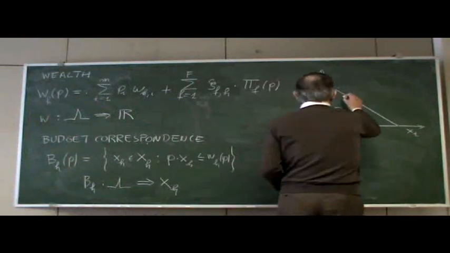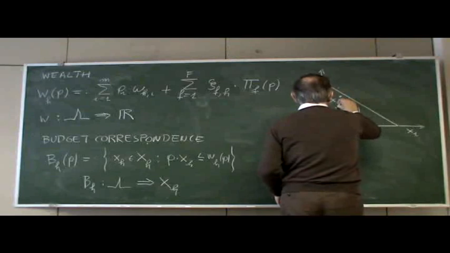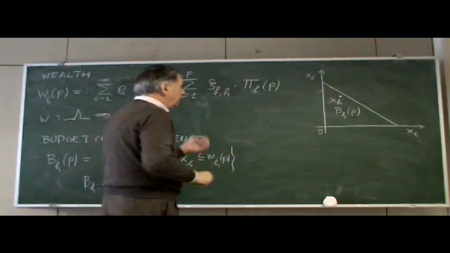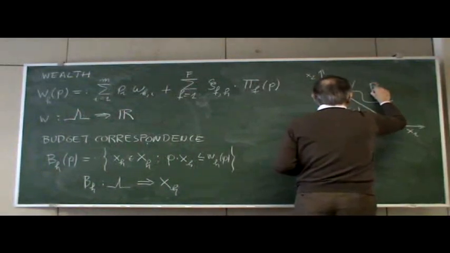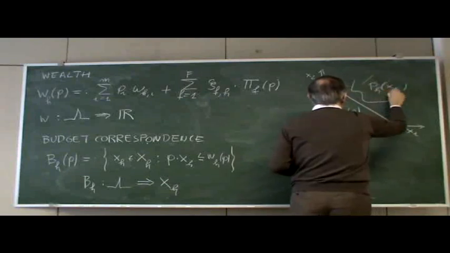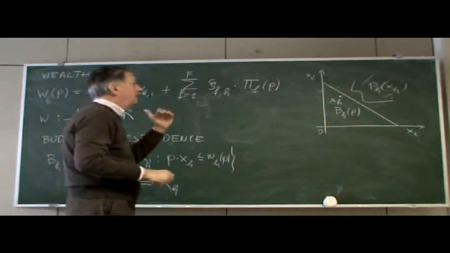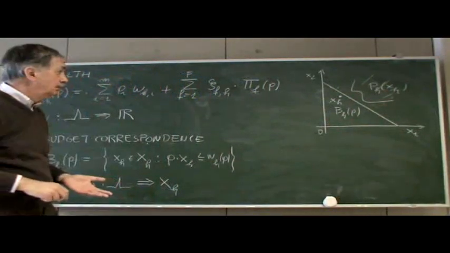A bundle XH like this, for example, will be chosen, will be demanded if and only if the set of its preferred elements, suppose that this is the set, is entirely outside the budget constraint.